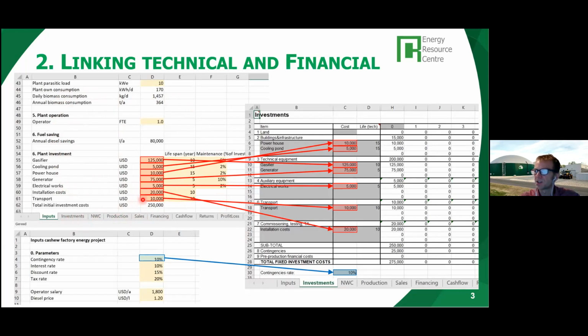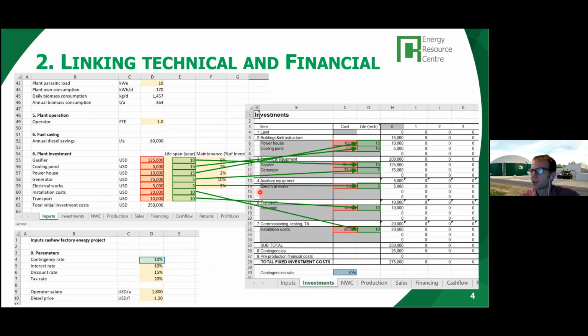Starting with the investment cost, for example, linking the different items to the different cells in the investment sheet of the file. And one of the parameters was a contingencies rate of 10%, meaning that 10% of the total budget would be added in order to cover any unforeseen costs. So that would be a first step.